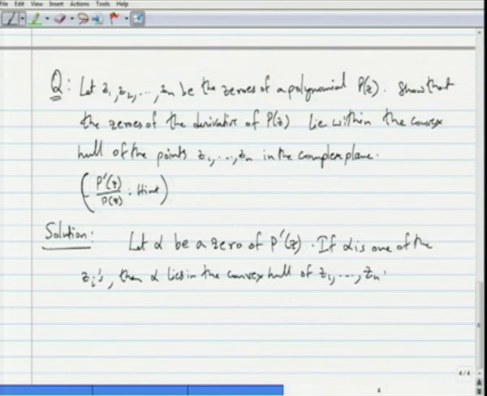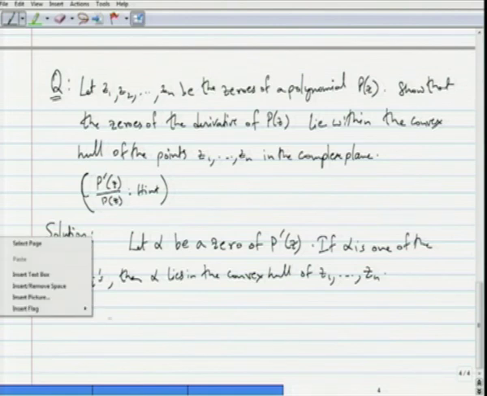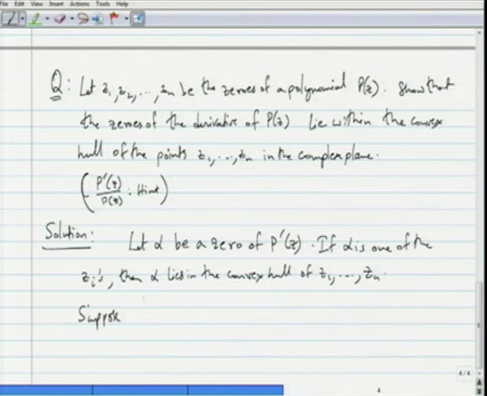Okay. Now, suppose that alpha is not a zero. Okay. So, suppose now that p of alpha is not equal to 0. So, alpha is not one of the zi's now.